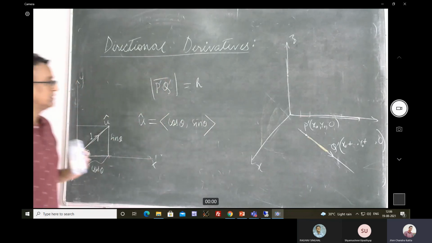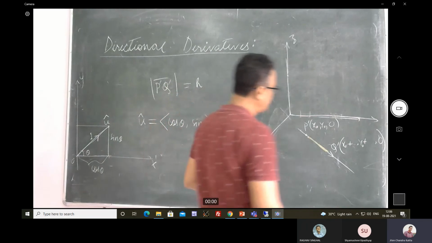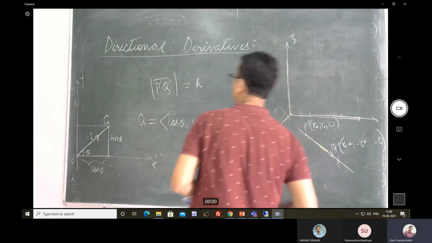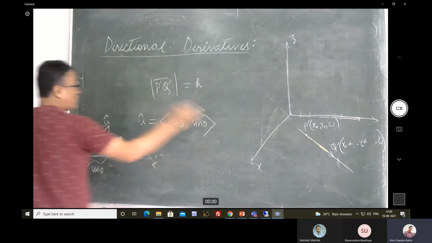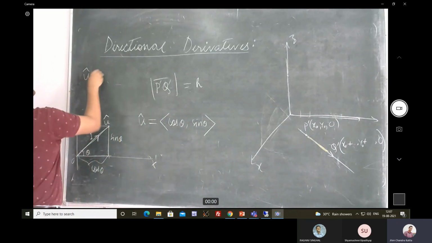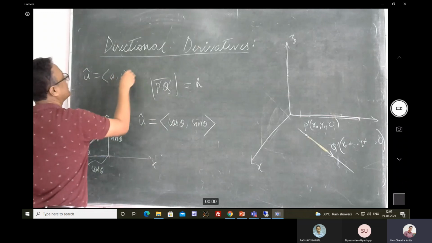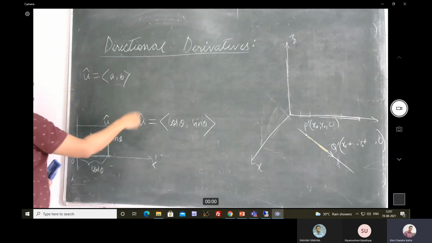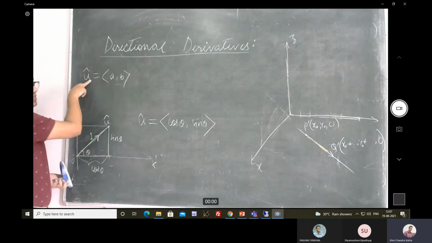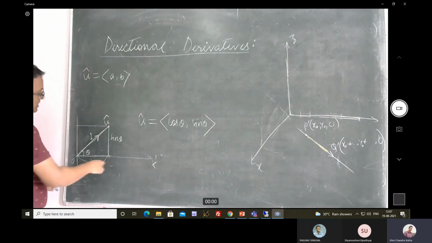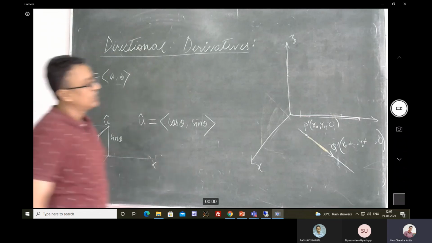Now let us assume that the components of that unit vector that we have taken are a comma b. If this unit vector u makes an angle theta with the x-axis, then a is cos theta and b is sin theta.